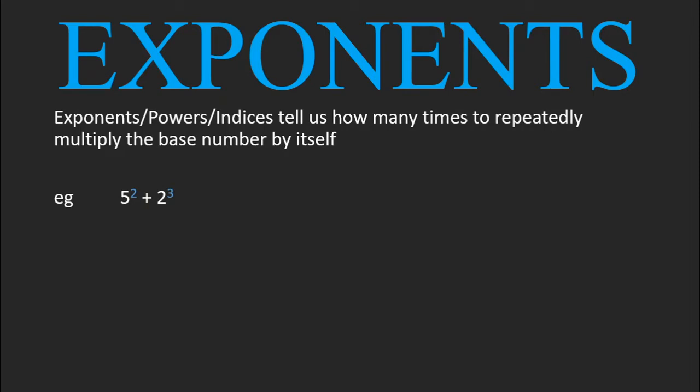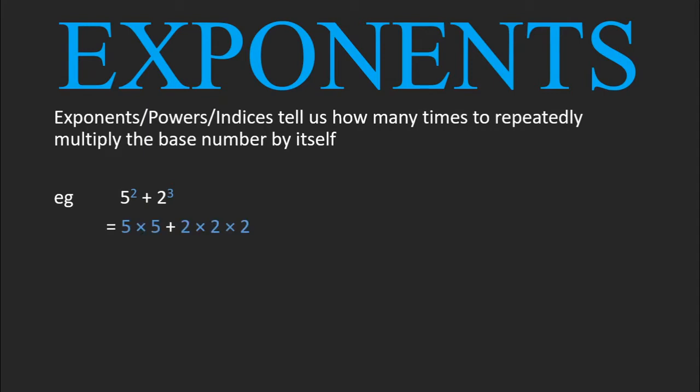That's 5 squared plus 2 cubed, or 2 to the power of 3. In any case, what that means is we need to multiply 5 by another 5, so 2 5s multiplied together, and add that answer to 2, which is multiplied by itself 3 times, so 2 times 2 times 2.